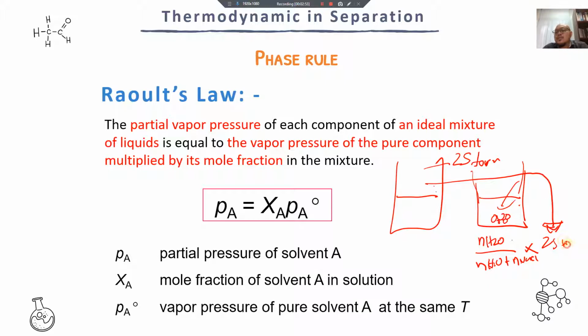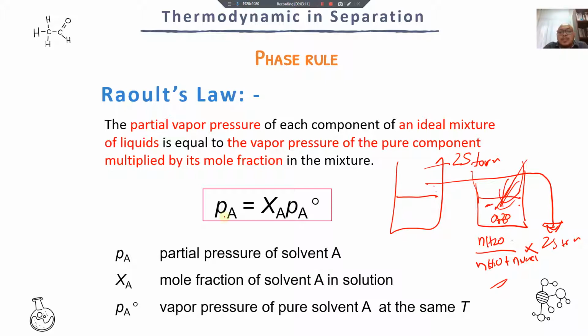When you multiply, you get the vapor pressure of this H2O which is not pure, a mixture with this particular salt. This is how you apply Raoult's law.